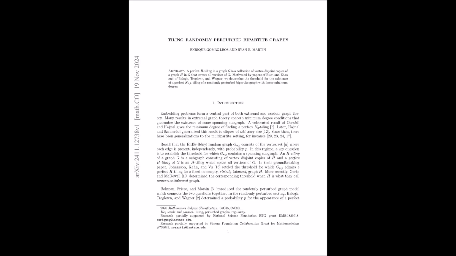They also make sure the size of each cluster is divisible by h, which is important for tiling with K_H. It's like they're meticulously preparing the graph, making sure all the pieces are the right size and shape to fit together. Exactly. And they even use some clever tricks to adjust the sizes of clusters that aren't divisible by h, adding or removing a few K_H tiles as needed. It's amazing how they manage all these details. It's like a delicate balancing act.